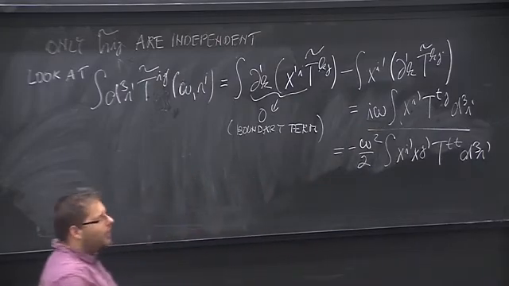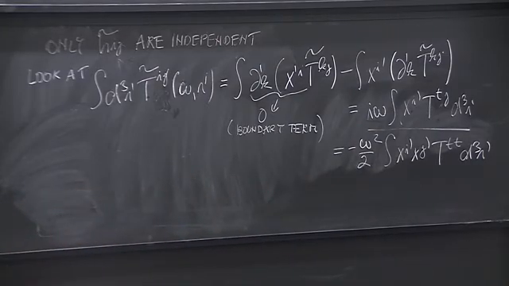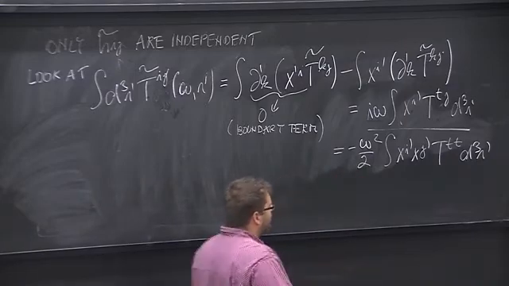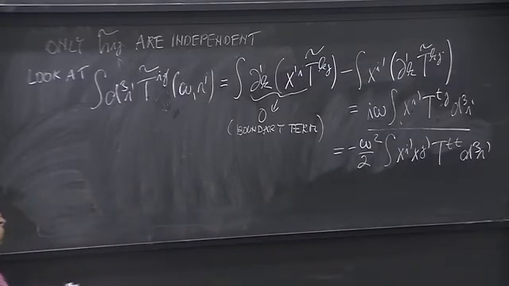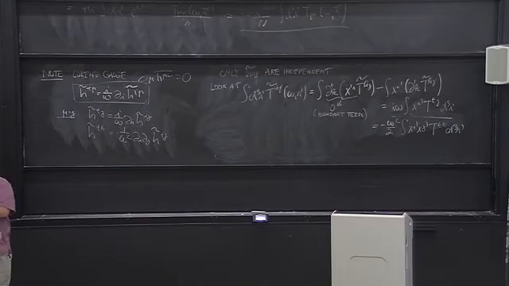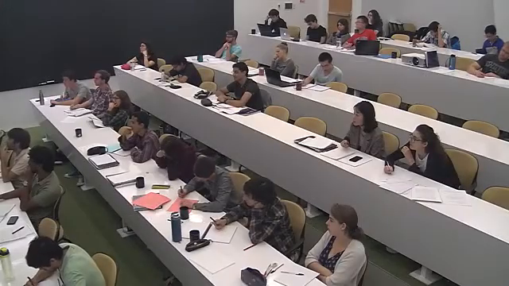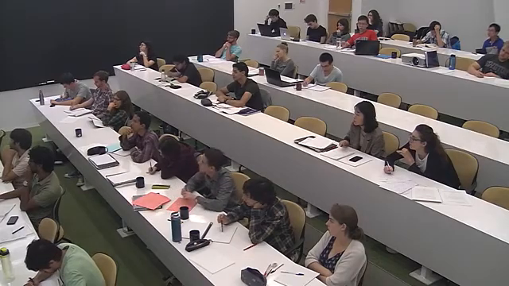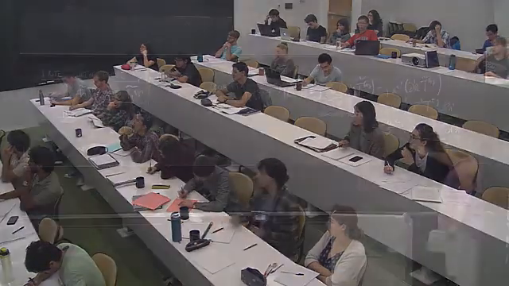Just using the same trick again, writing it as a boundary term, subtracting something, and using the fact that T^{μν} is conserved, you can find this thing here. But T^{tt} is the energy density. So what you have here is an energy density times x^i times x^j, which you probably recognize as something: quadrupole. Quadrupole moment, perfect. So this thing here is the quadrupole moment.